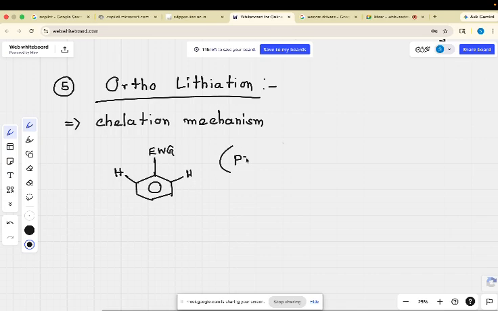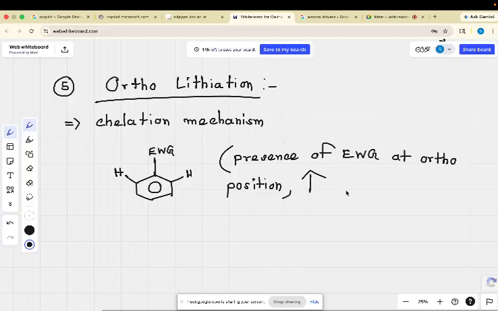So write down that presence of electron withdrawing group at ortho position increases acidity.